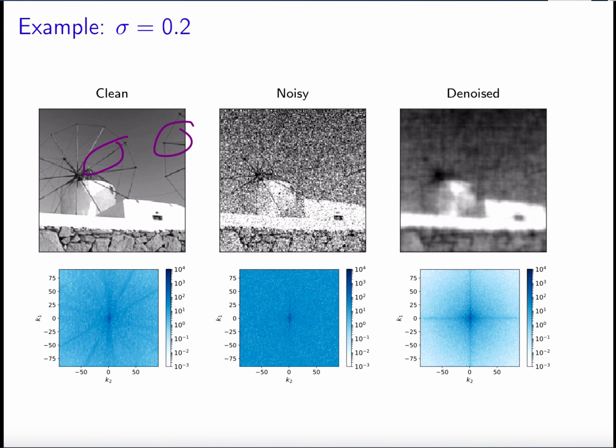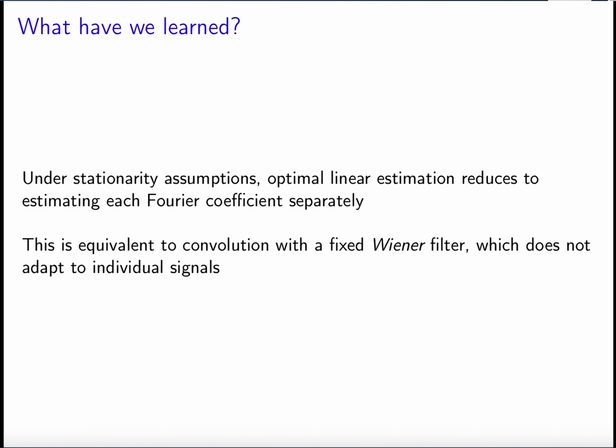Okay. So what have we learned here? Under stationarity assumptions, the optimal linear estimator basically just reweights the Fourier coefficients of the signal based on the joint statistics between the signal and the measurements.